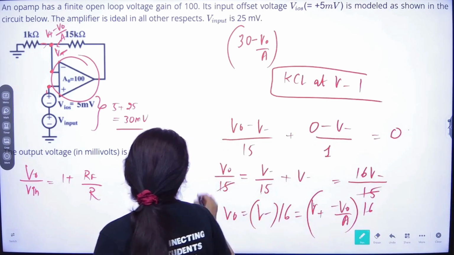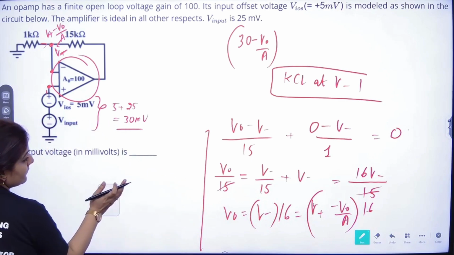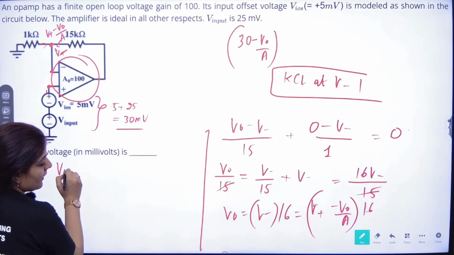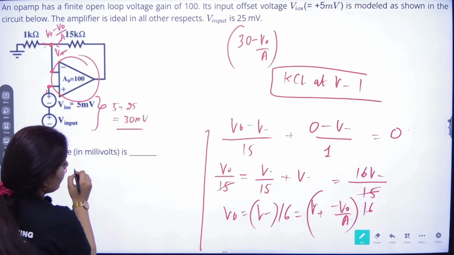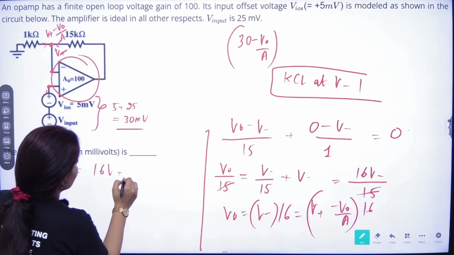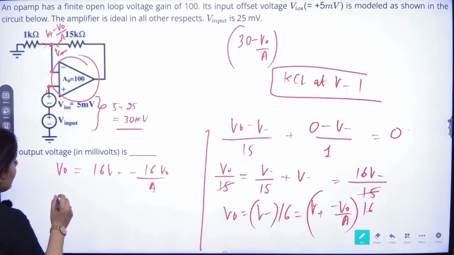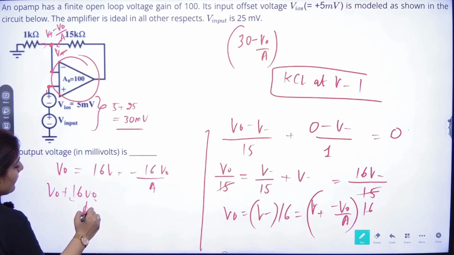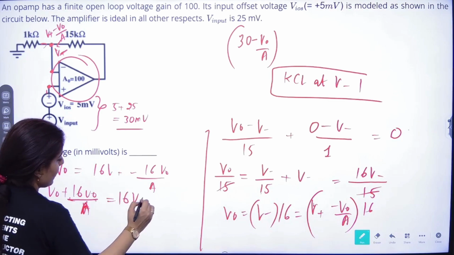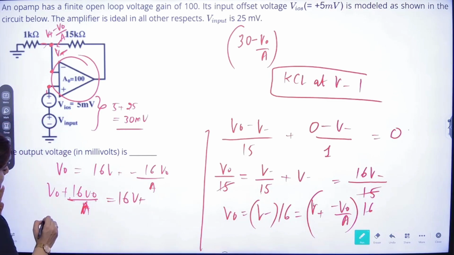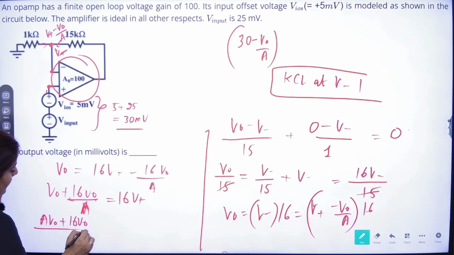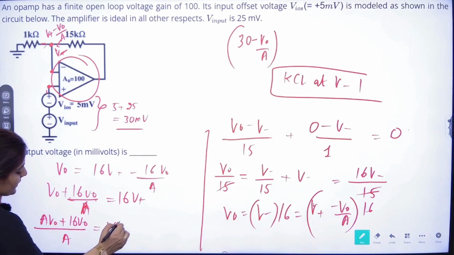Keeping V naught on the other side only, V naught is equal to 16V positive minus 16V naught divided by A. So V naught plus 16V naught divided by A is equal to 16V positive. Now solving it, that will be AV naught plus 16V naught divided by A is equal to 16V positive.